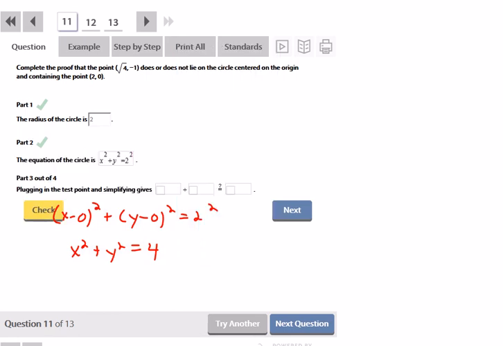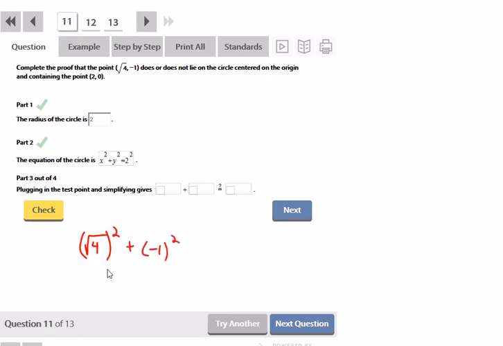Plugging in the test point, so that's the point that they're giving us, and simplifying gives us square root of 4 squared plus -1 squared would then have to be equal to 4. So that would give us then 4 plus 1 would have to equal 4.